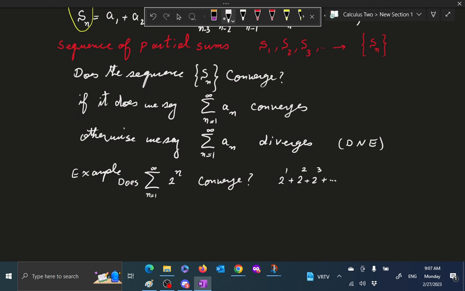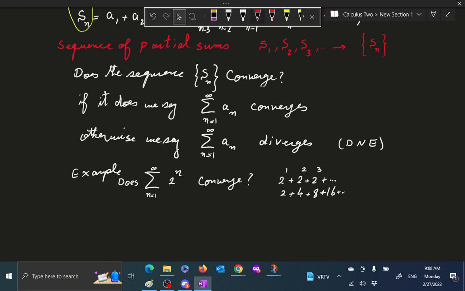I'm adding larger and larger numbers on top of whatever I had, like this is 2, and then a 4, and an 8, and of course going 16, and so on. Does it add up to any recognizable number? Well, we sense right now that it wouldn't, because we are adding larger and larger numbers, and the sum is tending toward infinity.